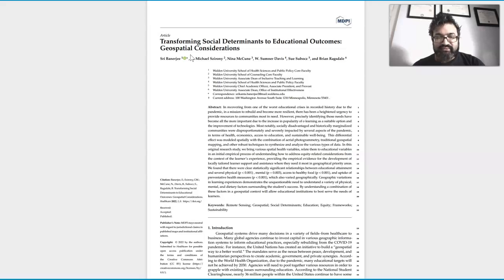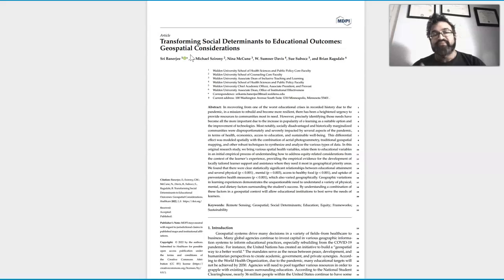We put our talents together and tried to focus on how to integrate 21st century tools to be able to address some of the gaps that are contained within the education system.